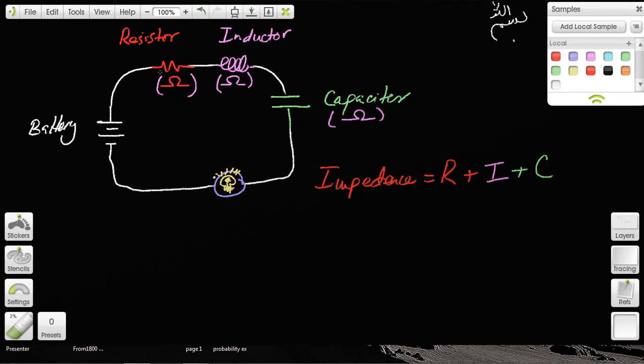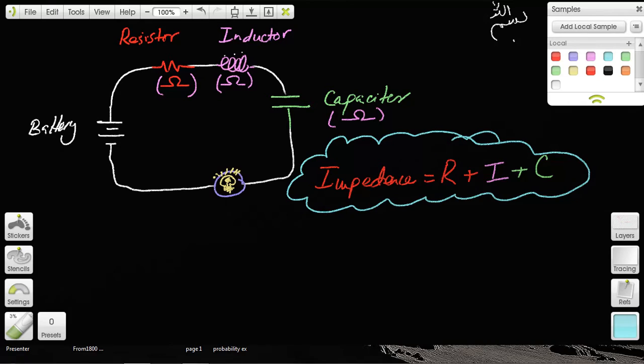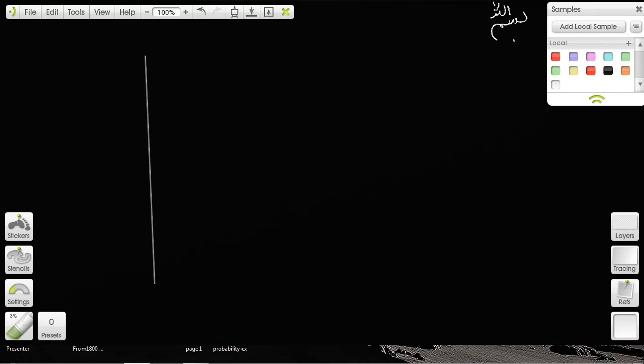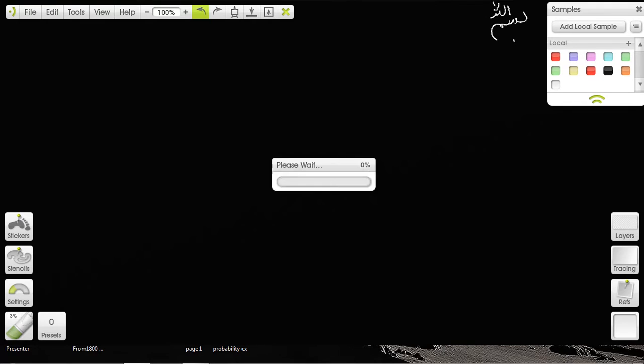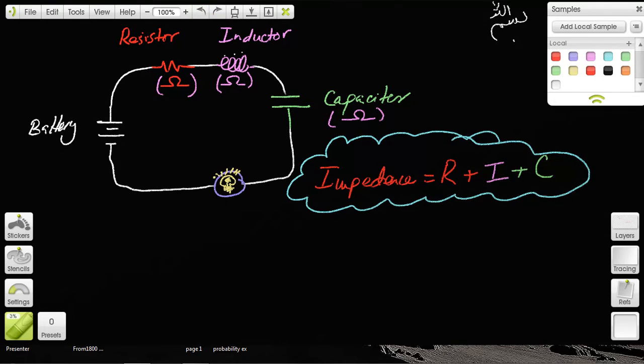Okay, so resistor, that's the symbol, kind of like mountains of resistance. Inductor, the little I over here, and capacitor over here. And these are typical components of basic circuits. Now, the total impedance is just a sum of these three entities, but it is not like a regular sum. It is a vector sum. Okay, let me draw this circuit.